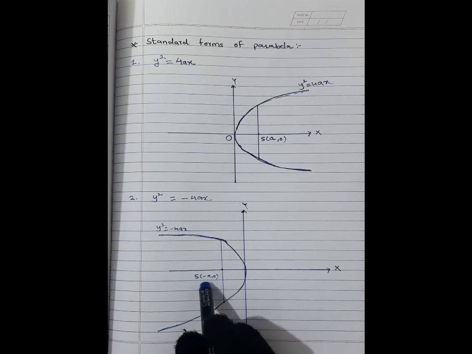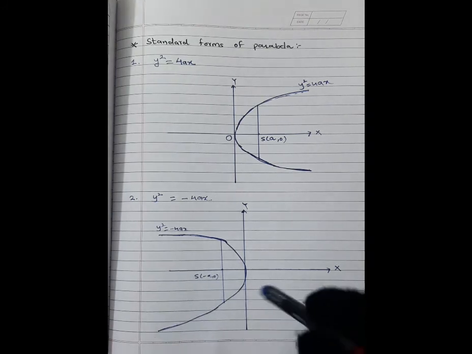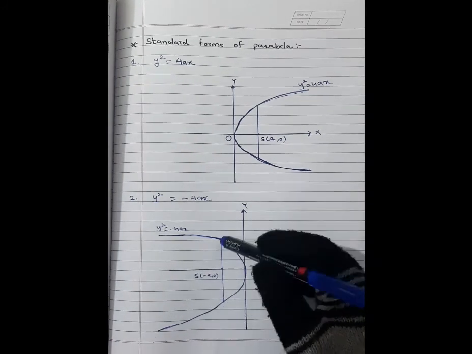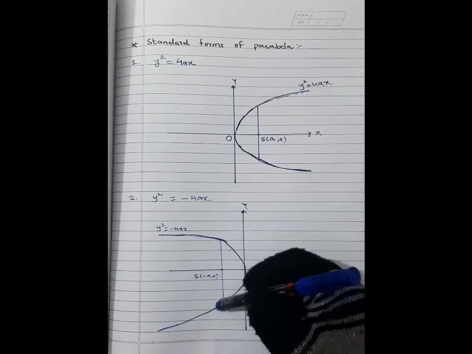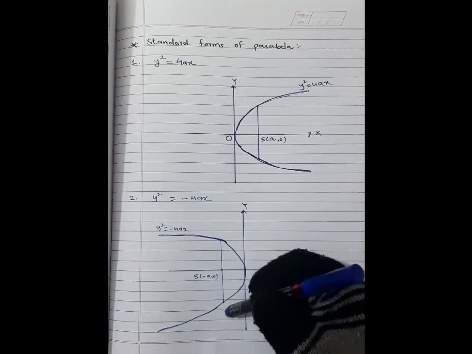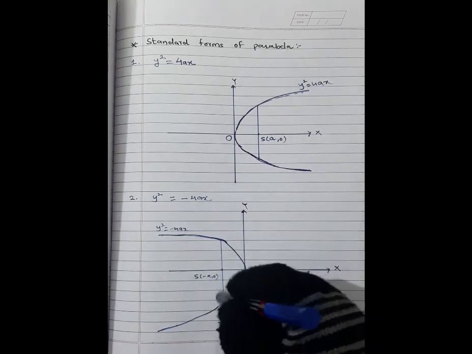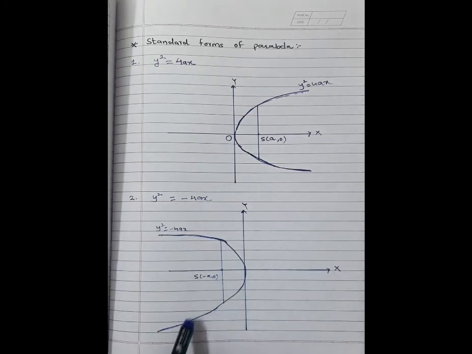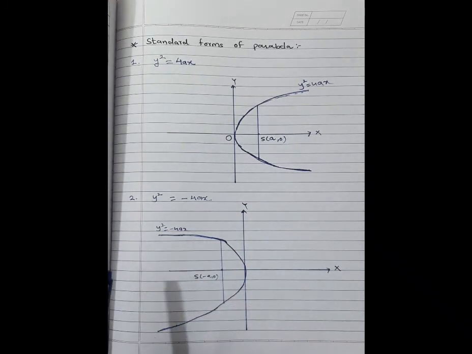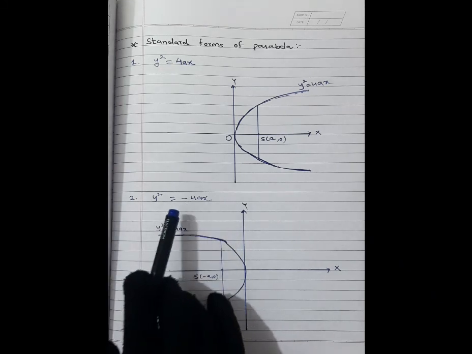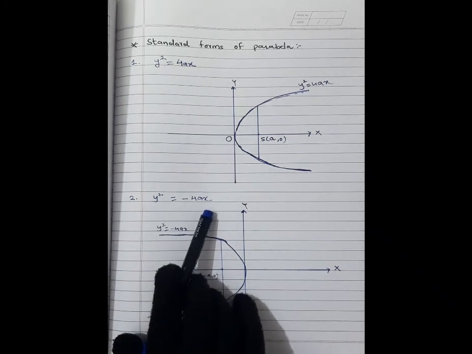Here the point is minus a comma 0, so the equation of this line is x is equal to minus a. Suppose x is equal to minus 3, x is equal to minus 4. So this line is on the negative x-axis. That's why the equation of the parabola is y square is equal to minus 4ax.